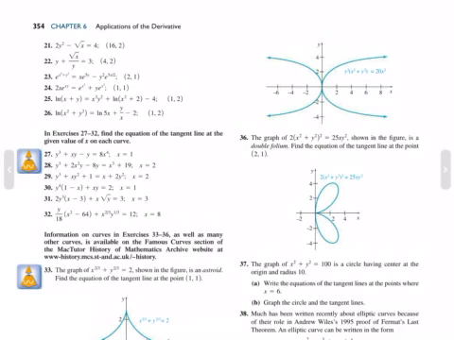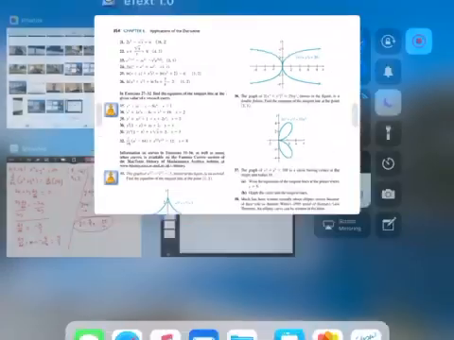So one of the things that we can do is actually find where this function is when x equals 2. In other words, we want to find the value of y when x equals 2. So we're going to do that first, then we will find the implicit derivative.